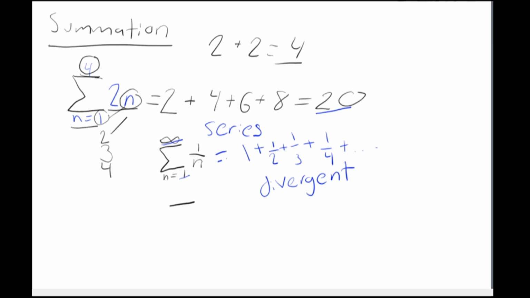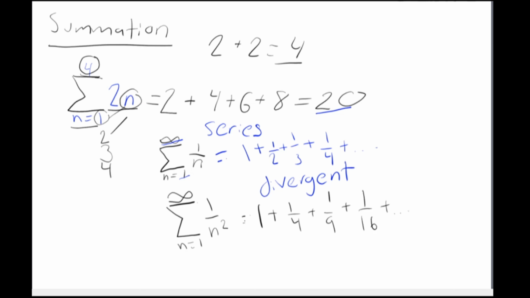That is, if I take the sum from n equals 1 to infinity of 1 over n squared, that's going to be 1 plus a fourth plus a ninth, plus a 16th, and so on and so forth.